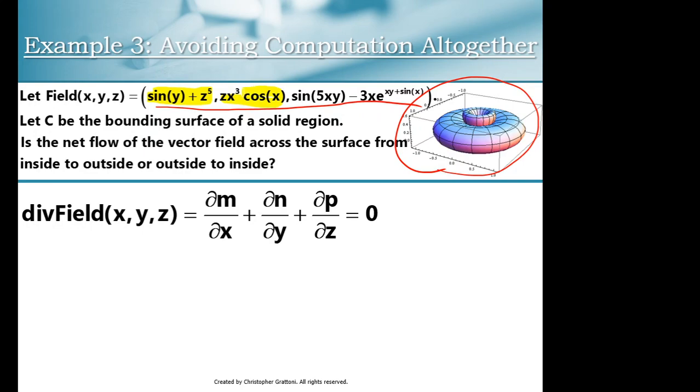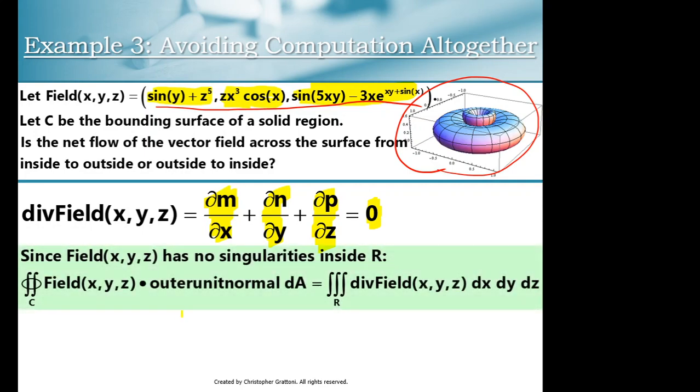The y component has no y's in it. The z component has no z's in it. And that's good because when we take each of these three partial derivatives, since each of those variables is missing one by one, each partial derivative is 0, and 0 plus 0 plus 0 is going to give us 0.